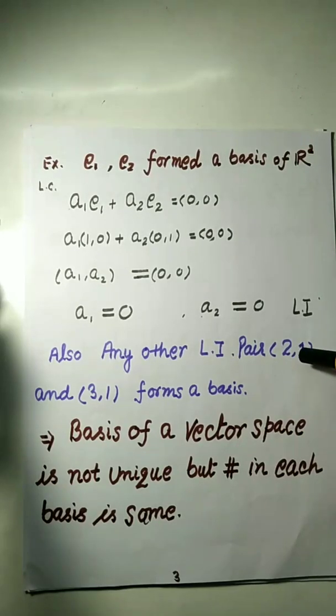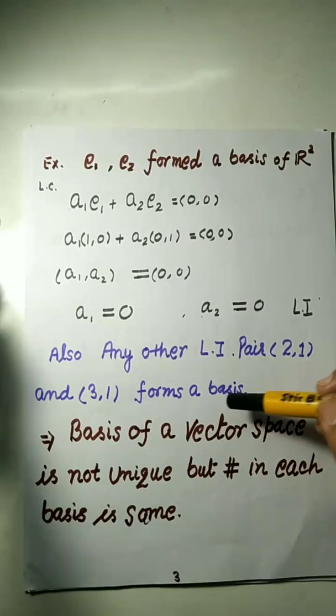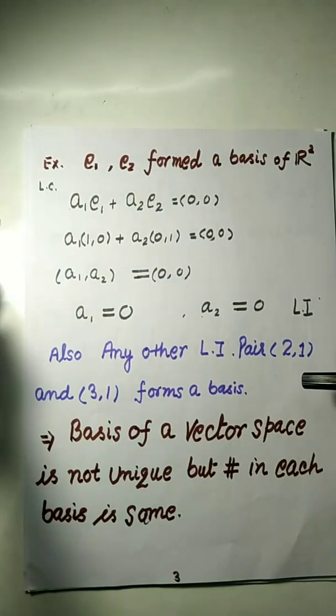These are also vectors in the space which are not multiples of each other. They form a basis also. Generally, basis of a vector space is not unique, but the number of elements in each basis will be the same.